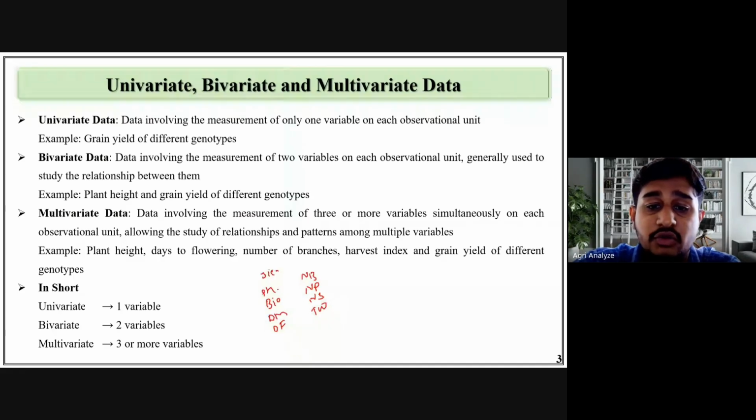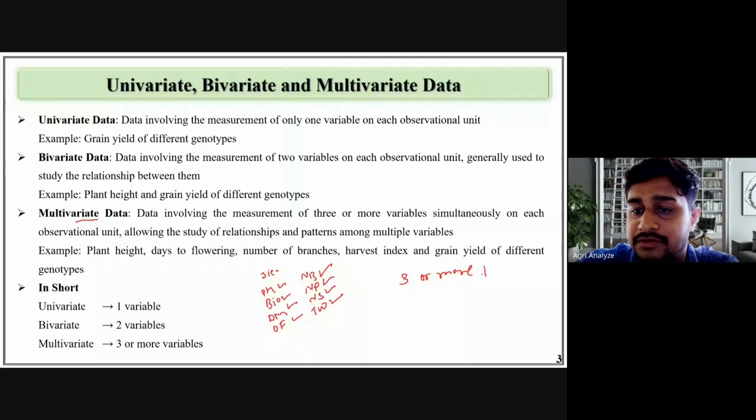So here we have more than two variables at a time, and we classify the genotypes on the basis of more than two variables. So it is multivariate data. If we study with three or more than three variables, this is an example of multivariate data.